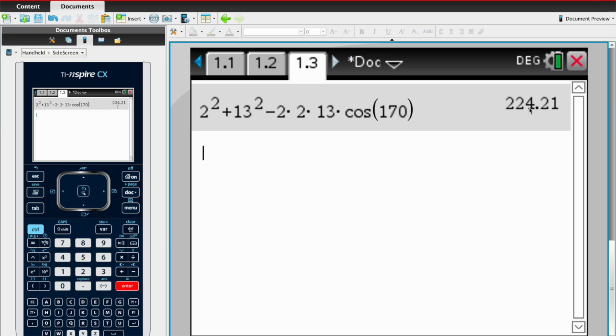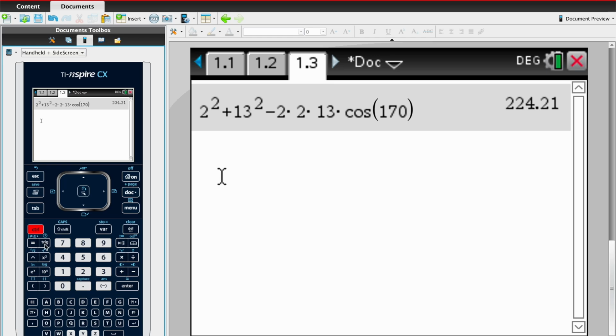But that's not the distance, right? X squared is equal to all of this, but we don't want x squared, we want x. So what are we going to do? Let's take the square root. Man, I forget how to do this on this calculator. I guess we can do this. It's a little clumsy, but there is a way. Here it is. There's our answer.